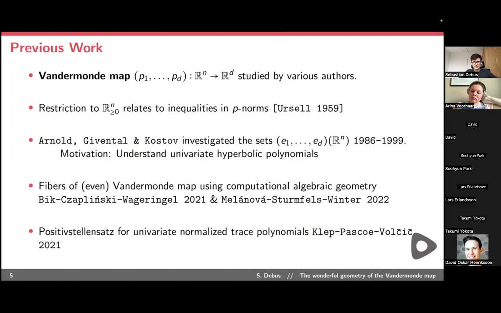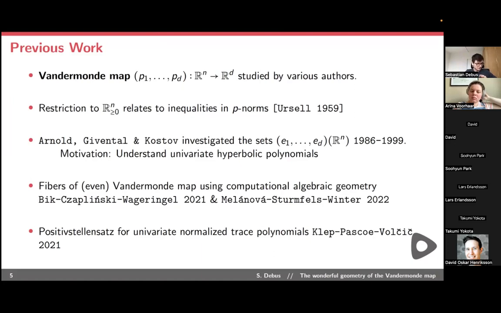And then these trace polynomials that I mentioned, they are studied not only by us, also by real algebraic geometers like Klep, Pascoe, and Volčič. They provided a Positivstellensatz for univariate trace polynomials. And so what is a Positivstellensatz? This is something in real algebraic geometry.